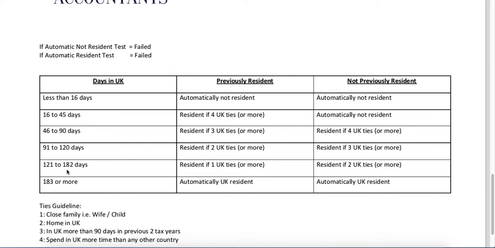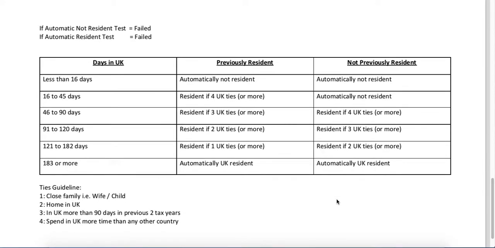Again, for 121 to 182 days, if you've only got 1 tie in the UK, you will be classed as UK resident, or 2 ties if you've not been previously resident. Regardless of this, if you stay 183 days or more, whether you've been previously resident or not, in both cases you'll be automatically classed as UK resident.